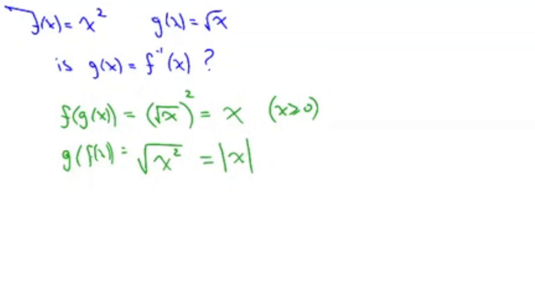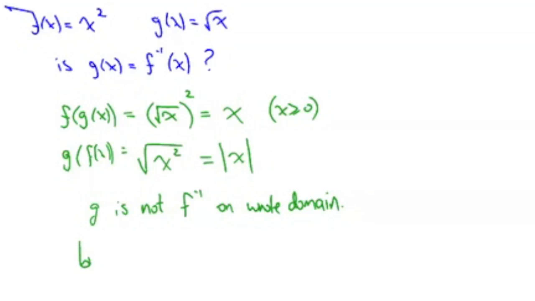So, are they inverse functions? And the answer is no. Unless we restrict them to both be positive. The domains are positive. Then the absolute values can be dropped and you get x and x. Isn't that weird? So, G is not F inverse on a whole domain.